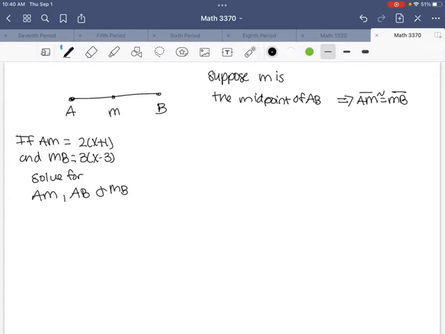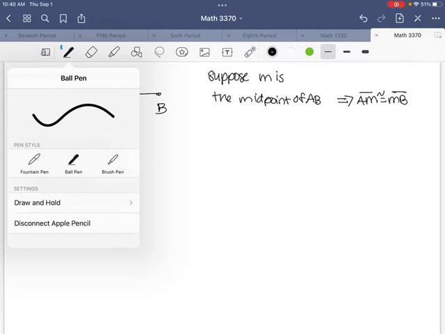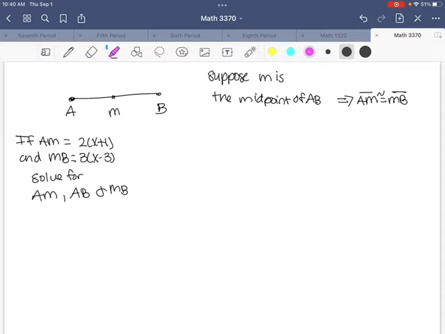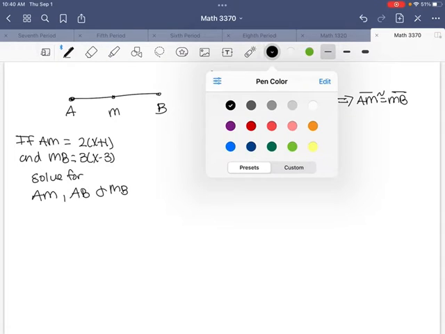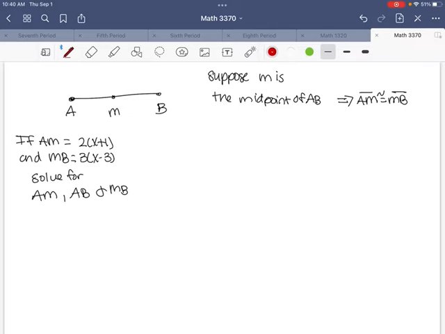So we're going to use these expressions to solve for the missing parts. The unknown parts. So let's label our picture. AM is 2x plus 1. MB is 3x minus 3.